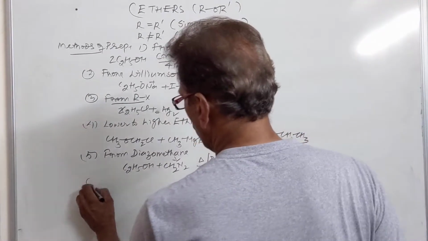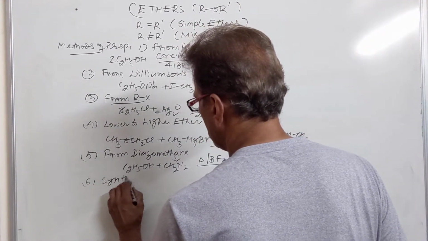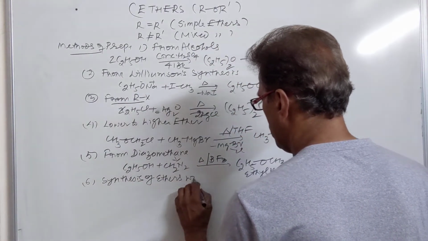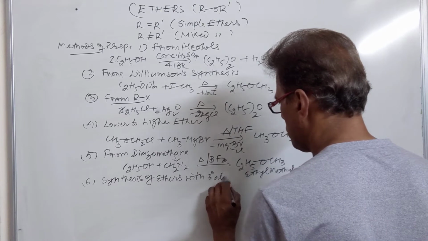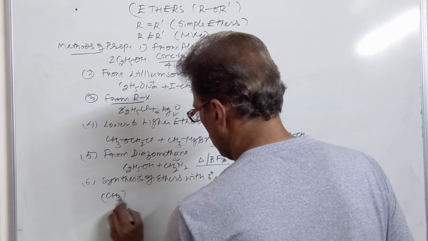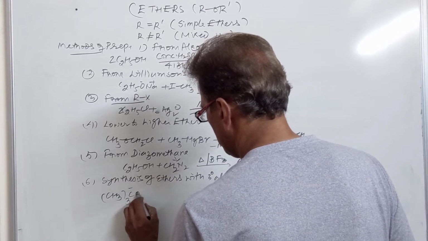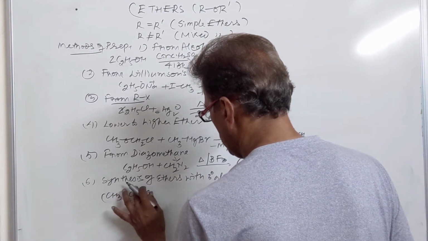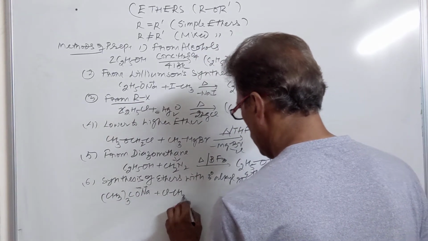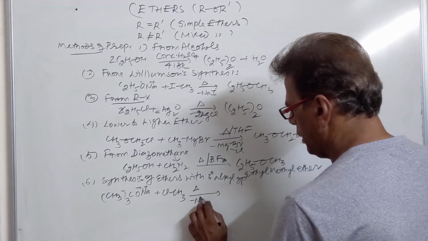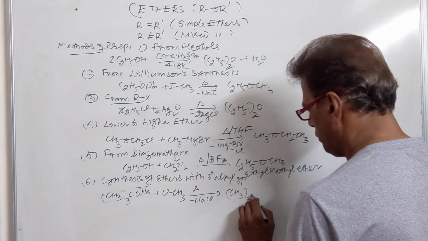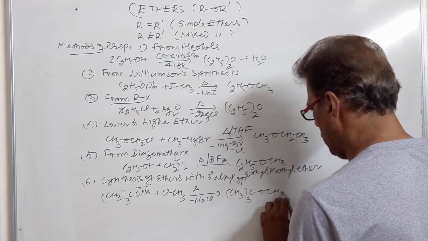So we can do the synthesis of ethers with a tertiary alkyl group. This is your tertiary alkyl group. This is the sodium salt of tertiary butyl alcohol. It is heated with chloromethane. NaCl is lost and you will get tertiary butyl methyl ether.